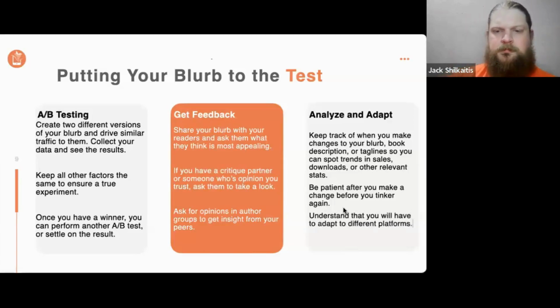And then understand that you're going to have to adapt to different platforms. Your book is going to appear differently on Amazon than it will on other sales platforms. You're on different landing pages, in different formats. Some things are going to be stronger.